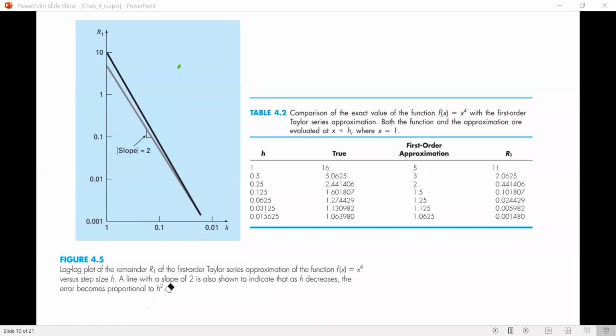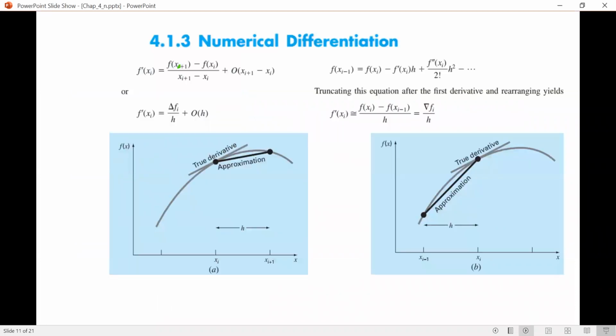One error is due to truncation, and that is affected by the step size. Another error is called round-off error. That error is affected by the computational capability, or rounding of your result in the computational machine. These two errors are actually opposite in nature. Let us see.